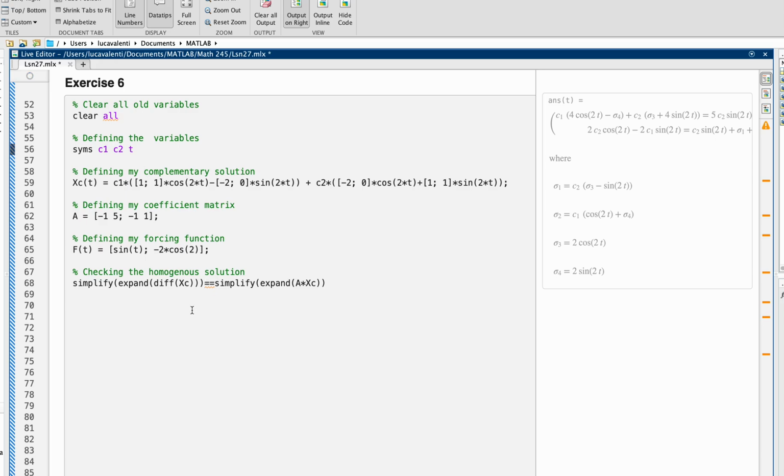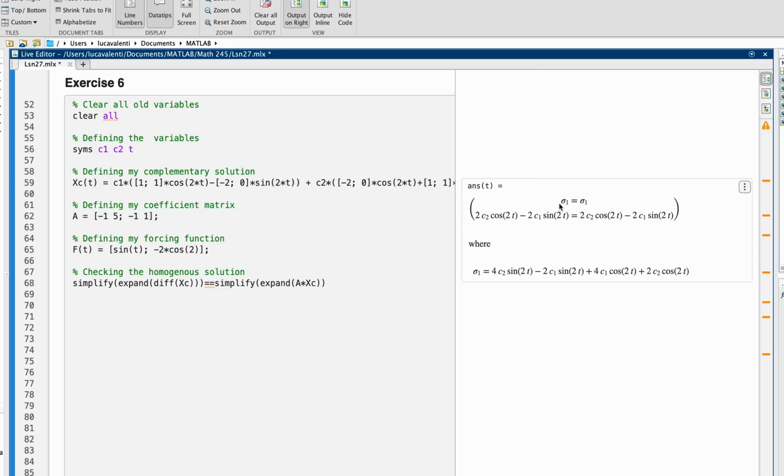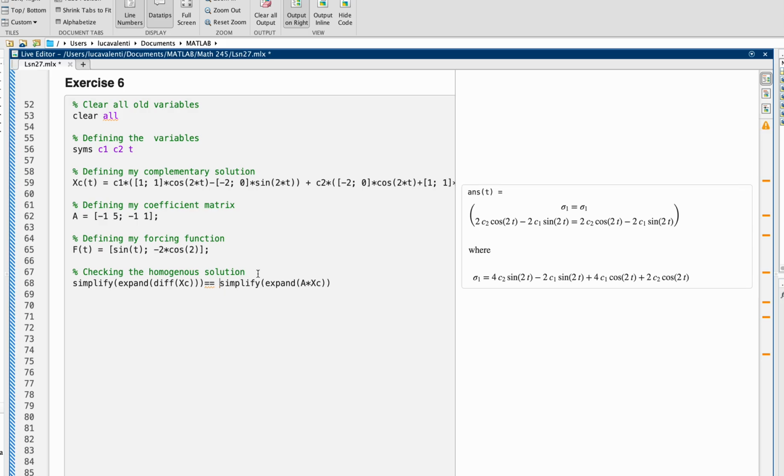What do we get here? Well, we get S1 is equal to S1, and the same thing on the left is equal on the right. So it was hard to look at it, but doing this allows us to be sure that this is a solution that is working, so that we did it correctly.